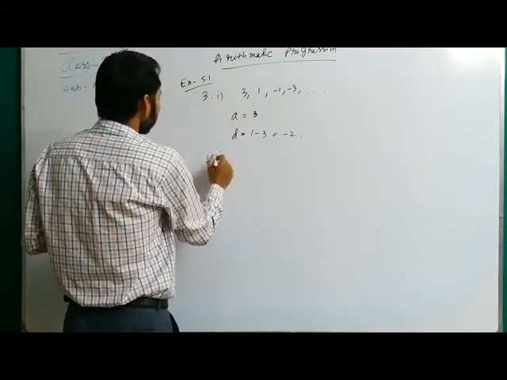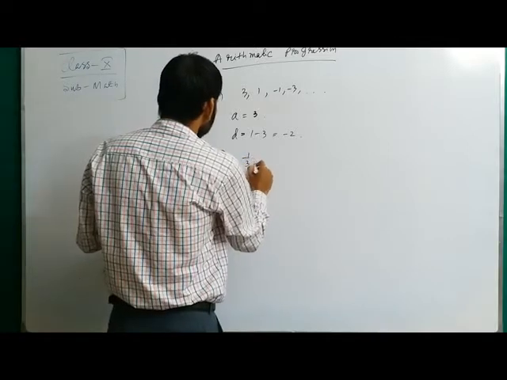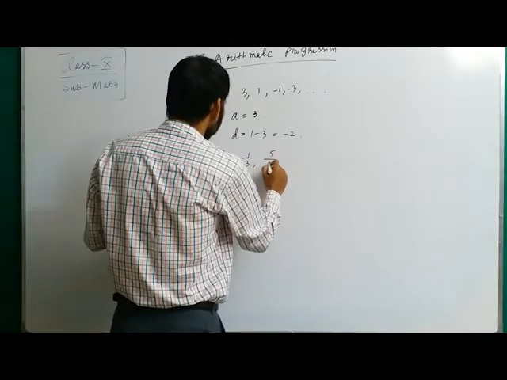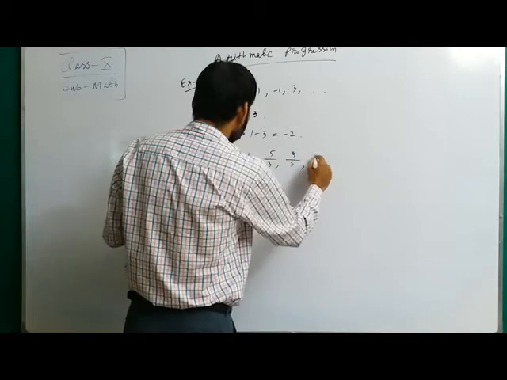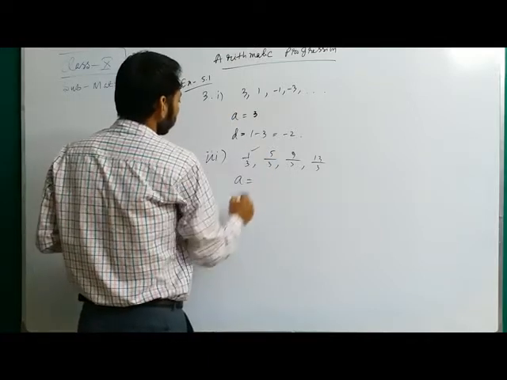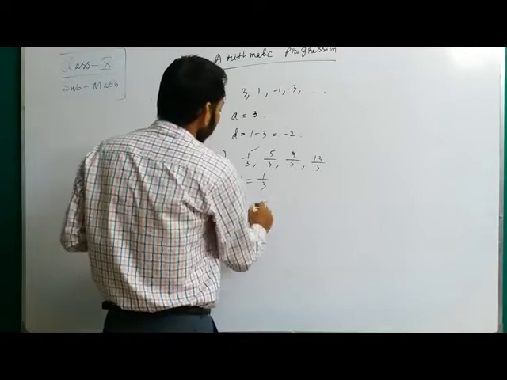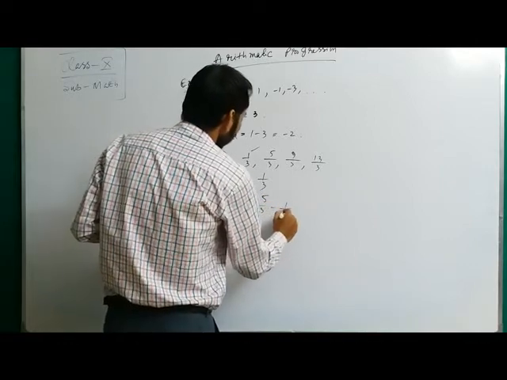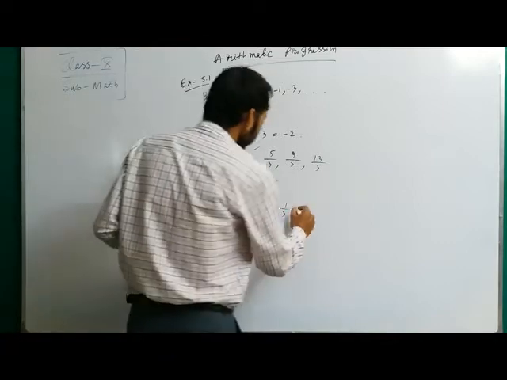Question number 3, part 3. The AP is given as 1 by 3, 5 by 3, 9 by 3, 13 by 3. Here the first term A equals 1 by 3 and the common difference D equals 5 by 3 minus 1 by 3. That means you have to subtract the first term from the second one.